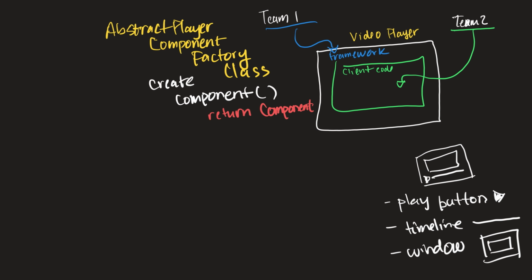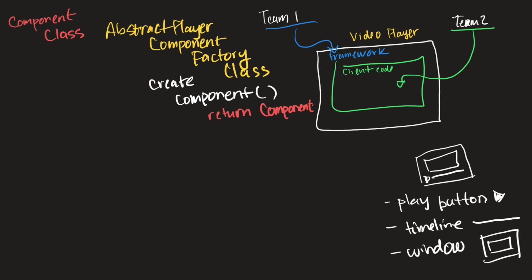So team 1's also going to create this component class. And we're not going to think about any of the methods on this class yet. This is just the component class, which the classes for these objects extend. So the play button class extends the component class, the timeline class extends the component class, and the window class extends the component class. So just keep that in your imagination.